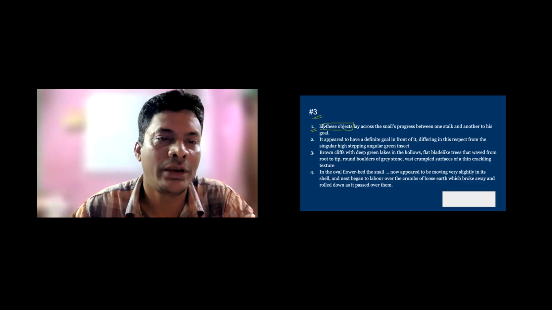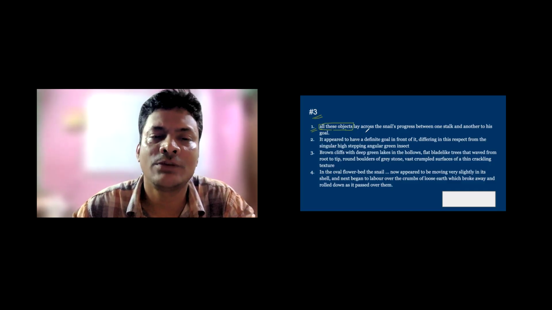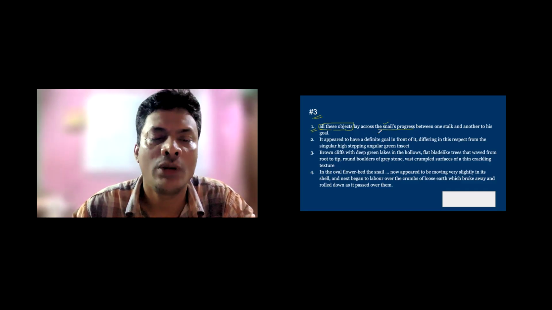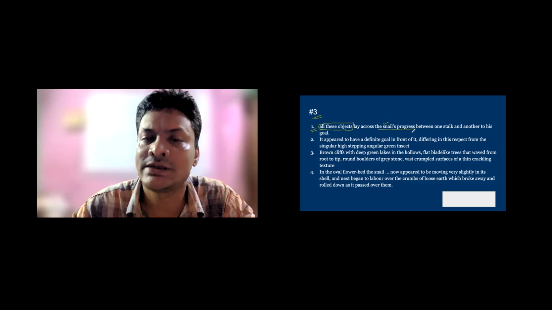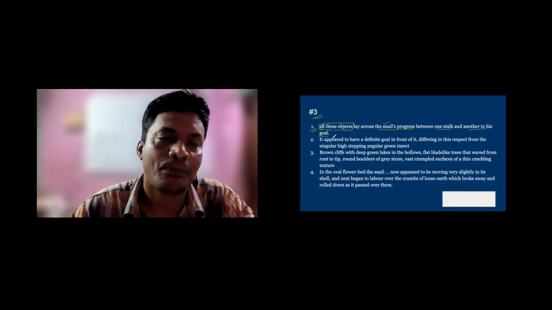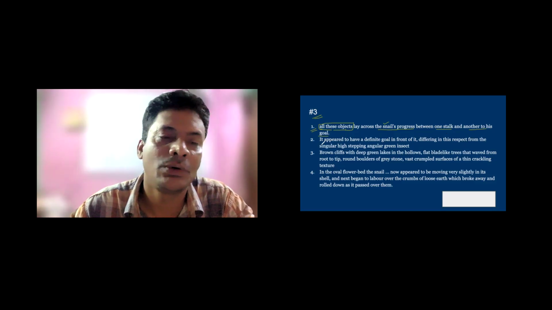Now, look into that. All these objects lay across the snail's progress between one stalk and another to his goal. Right. So in that case, we can consider that this could not be the beginning sentence. Why?